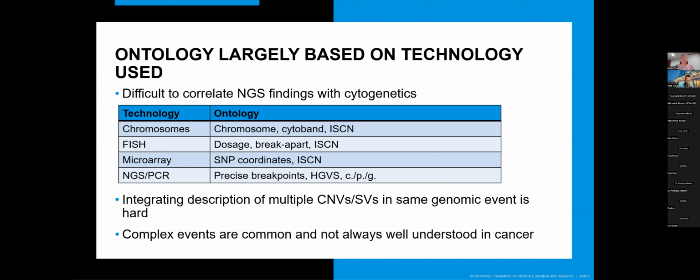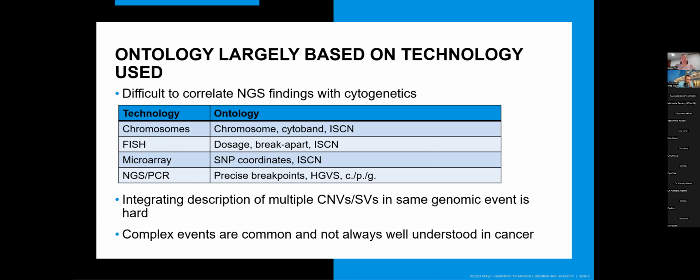So it's difficult sometimes to correlate NGS findings with, let's say, cytogenetics, where in conventional chromosomes, we'll use a chromosome number, chromosome band, and ISCN nomenclature to describe those events. And then with FISH, with the same event, we might be describing enumeration or dosage, a break apart probe or a dual fusion probe, again, with the ISCN nomenclature.